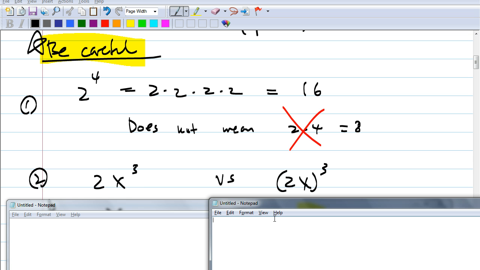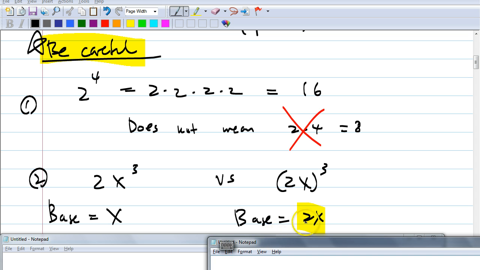Exactly right. Without the parentheses, the base for this exponent 3 is only the x. What about the one with the parentheses around it? The base for this exponent 3 this time is, Anais? Yes, exactly right. The base is 2x, not just x.